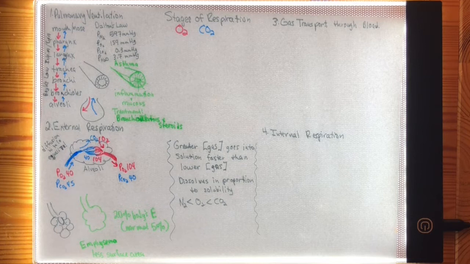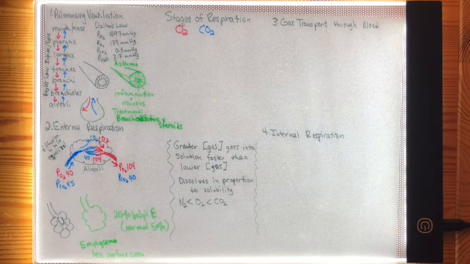But it also is worth noting that the gases also dissolve in proportion to their solubility. Nitrogen, although it's very high in proportion as far as its partial pressure, pretty much is not dissolved in our blood at all, at least not at sea level, at regular atmospheric pressures. Nitrogen is basically insoluble in the blood. And so, although it has a very high partial pressure, we do not tend to dissolve nitrogen into our blood.